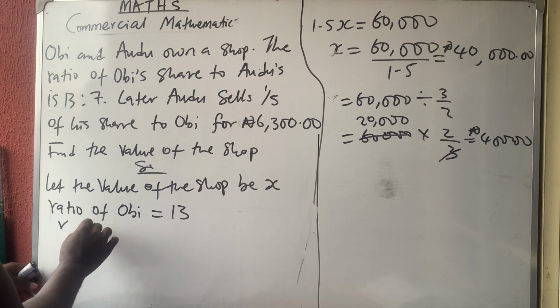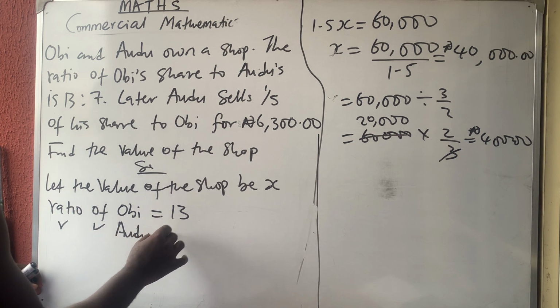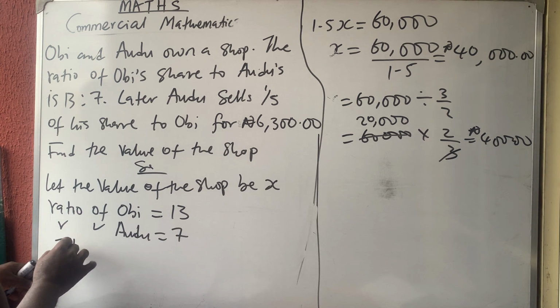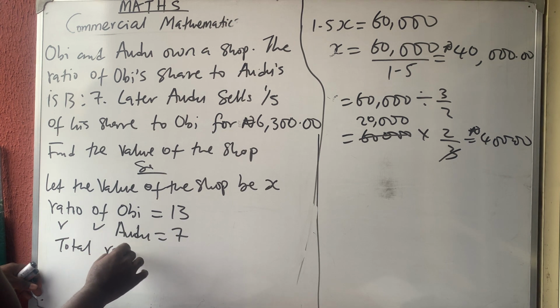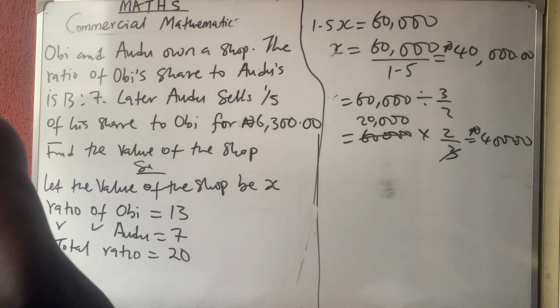And the ratio of Audu is equal to 7. And the total ratio is equal to what? 20. All right.